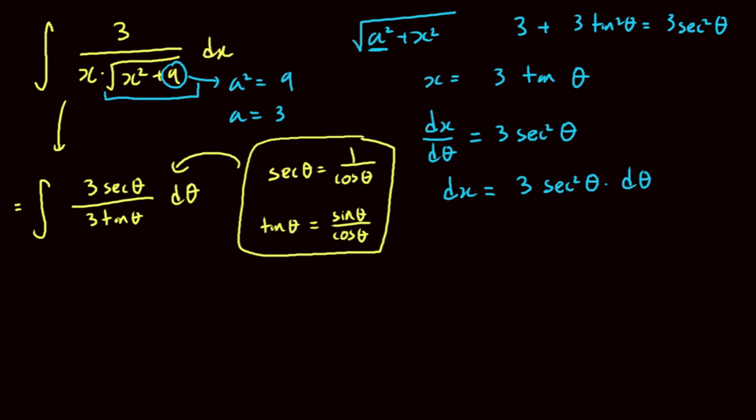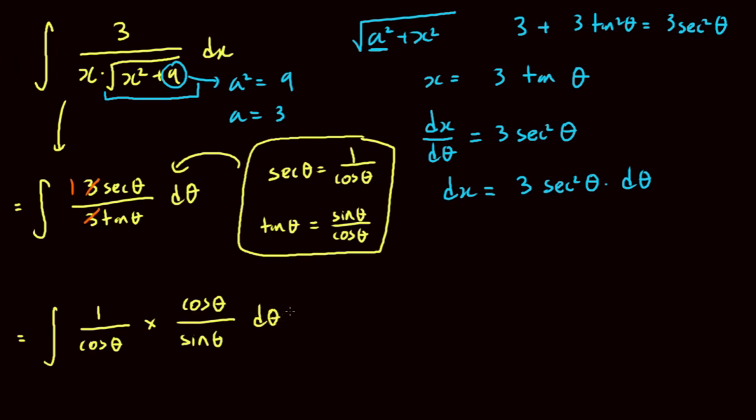So we're left with, and of course, by the way, these 3s will cancel out, so it'll just be 1. So it'll quite simply be 1 over cosine theta times cosine theta over sine theta d theta.